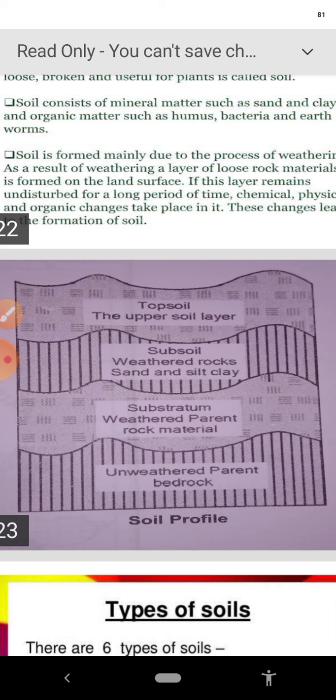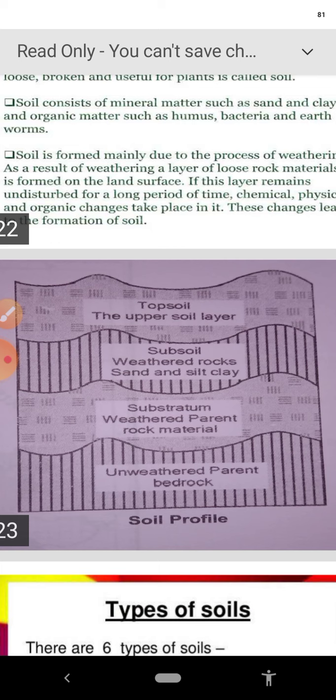The source of rock fragments that make up soil is parent material, which may either be bedrock or loose sediments transported elsewhere by water, wind, or ice. The surface rocks are exposed to the process of weathering and suffer decay and decomposition.